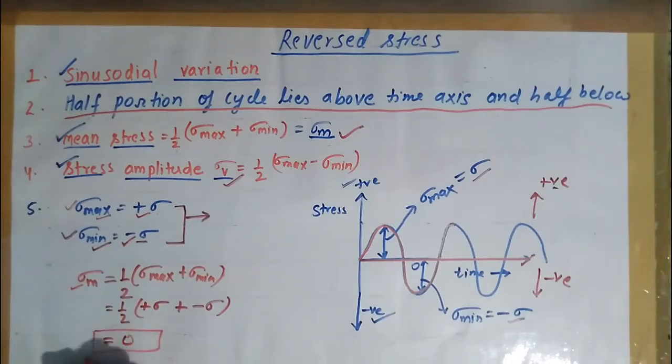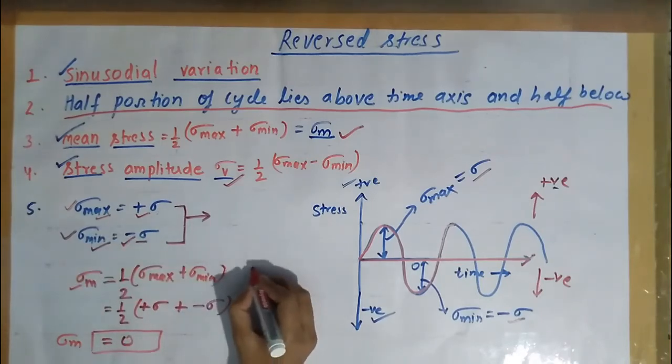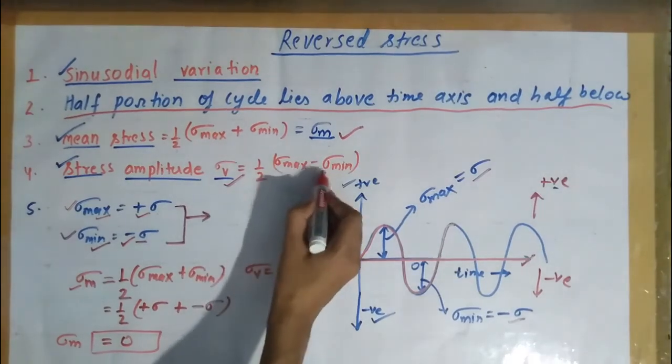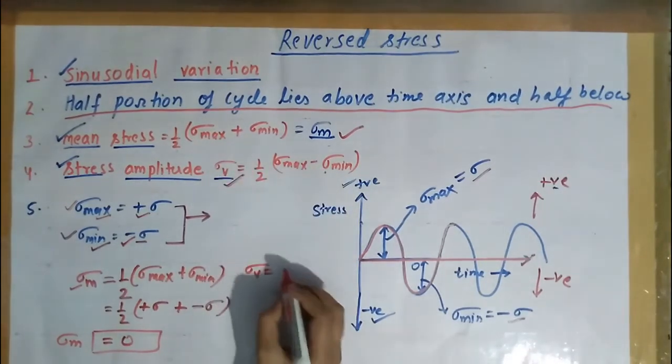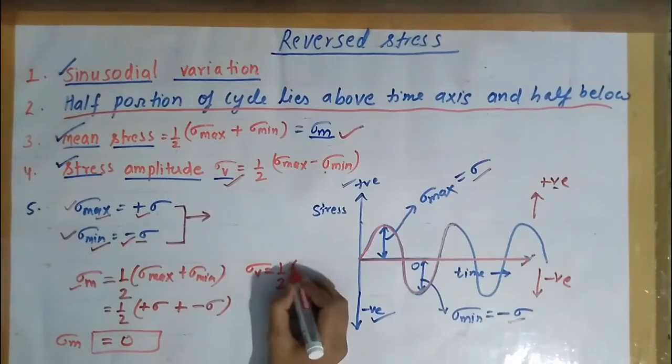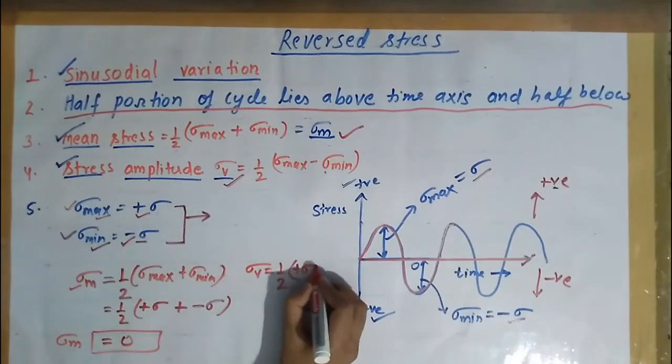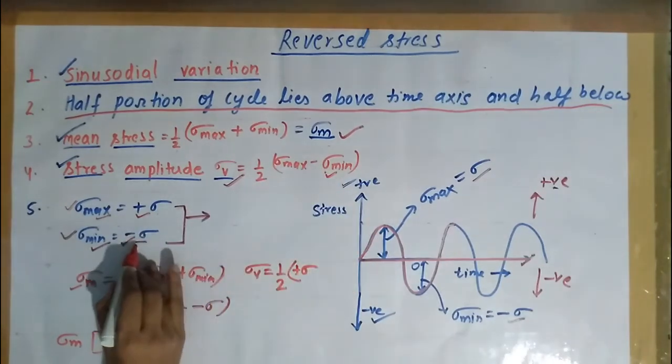So sigma m is equal to 0. Now the stress amplitude, sigma a. We have to calculate sigma a, which is equal to sigma max minus sigma min divided by 2. So I will put 1 by 2 times sigma max, which is sigma, minus sigma min, which is minus sigma.